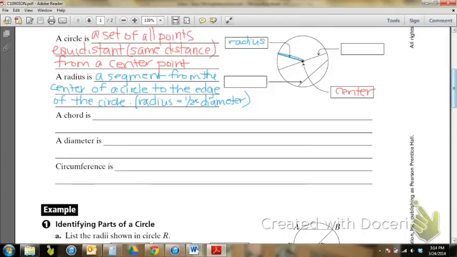And a chord is a segment connecting 2 points on the edge of a circle.